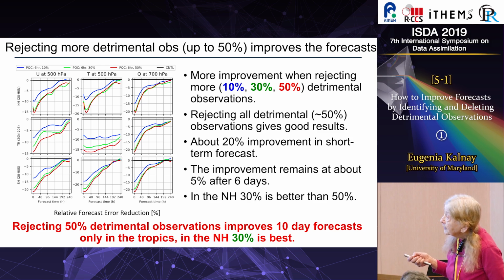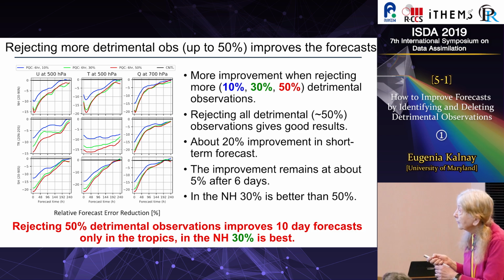The blue represents what I showed before, which is rejecting 10% of the most detrimental observations. And then you can see green and red for the northern hemisphere are almost the same, but actually the 30% is better than the 50%.